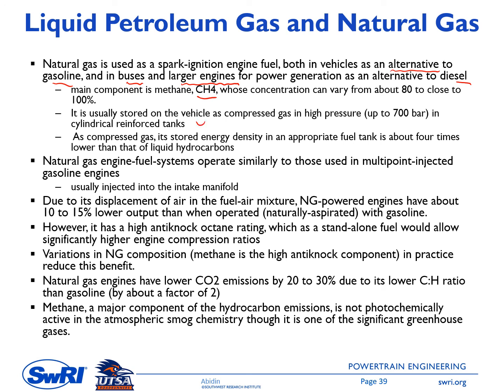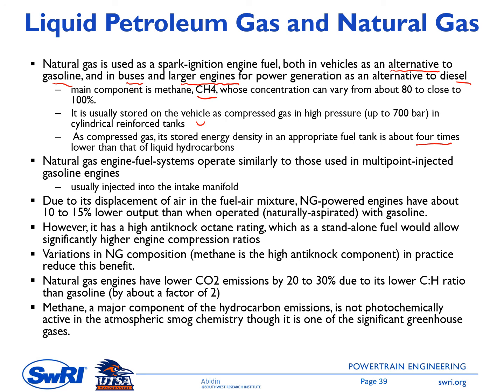It is usually stored on the vehicle as a compressed gas in a high pressure, can be up to 700 bar, in a cylindrical reinforced tank. As a compressed gas, its stored energy density is about 4 times lower than that of liquid hydrocarbon. So liquid hydrocarbon here is gasoline and diesel fuel.